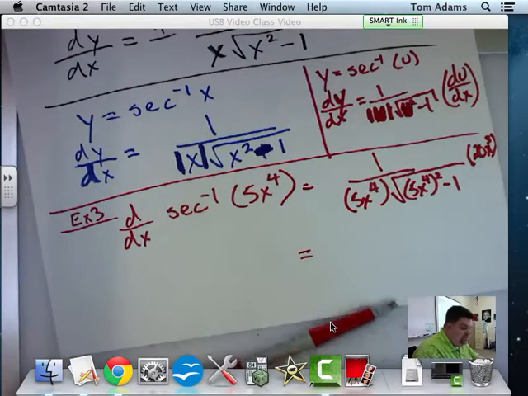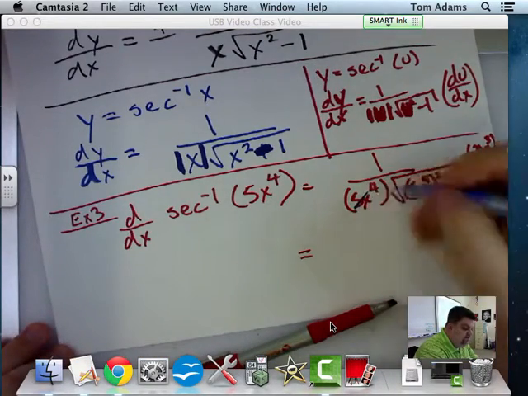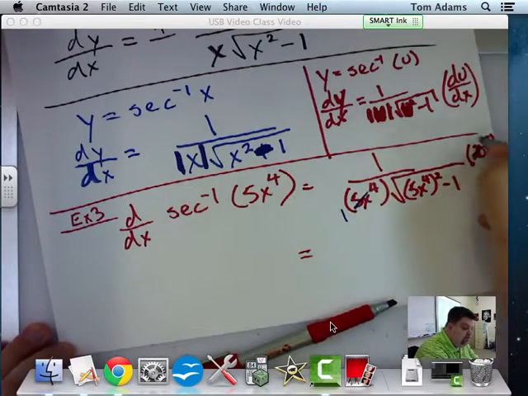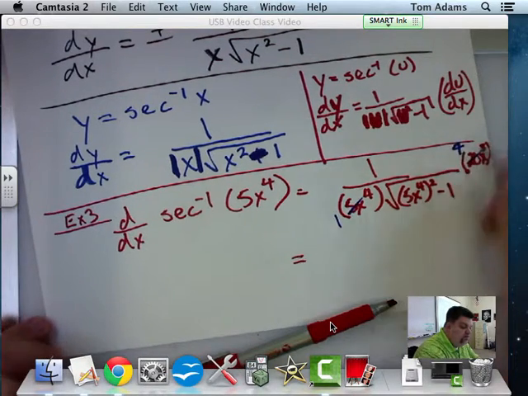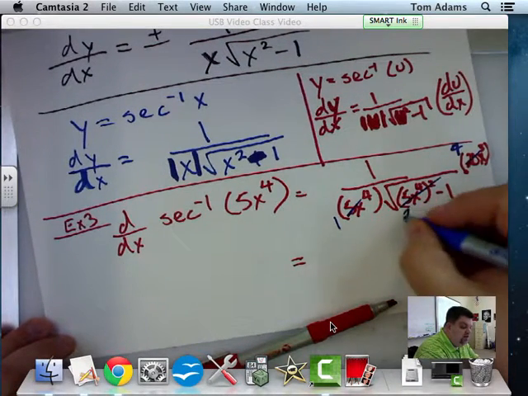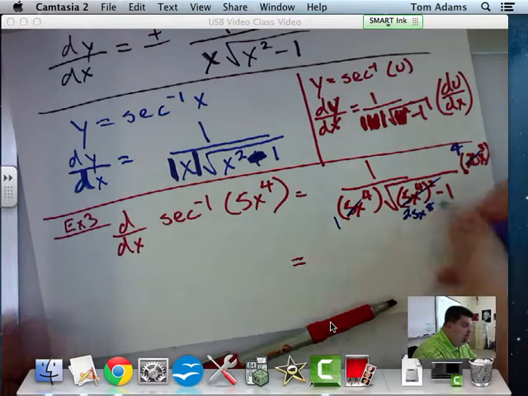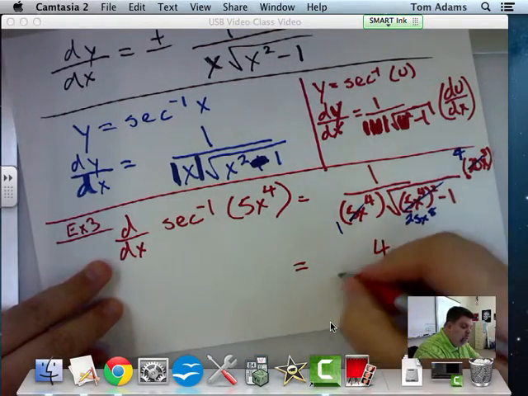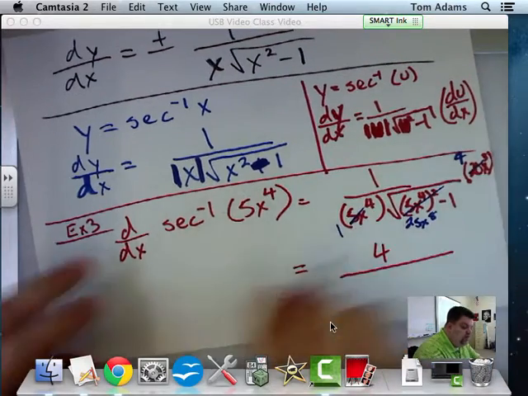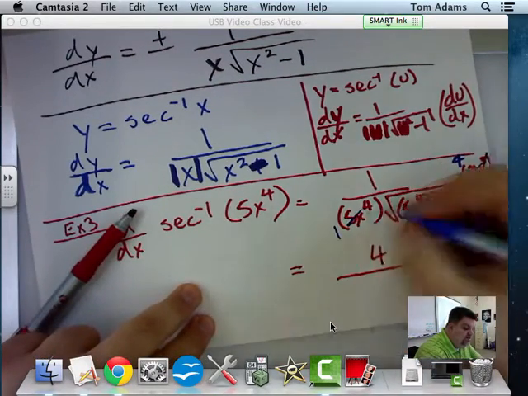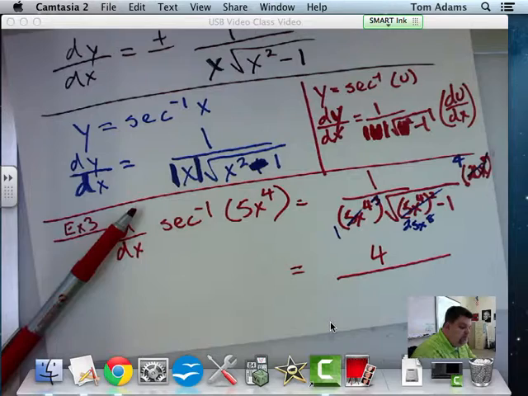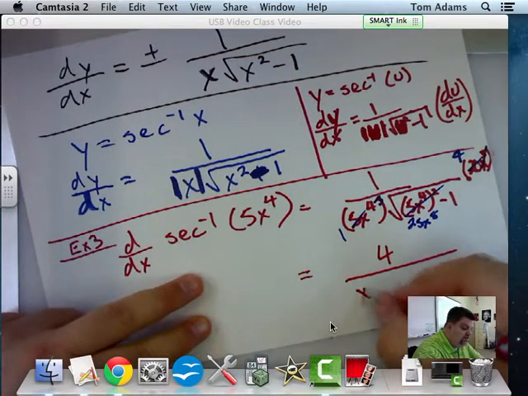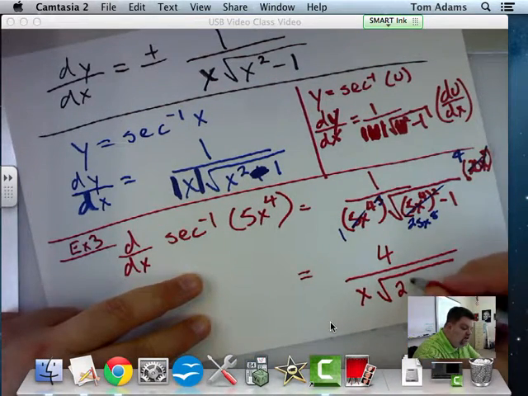So now we've got some nice cancellations that are going to take place. 5 goes into 5 one time, 5 goes into 20 4 times. This squared is 25x to the 8th. So what we end up with is 4 over, we've got 3 x's on the top here, minus 3 on the bottom. So I've got 4 over x times the square root of 25x to the 8 minus 1.